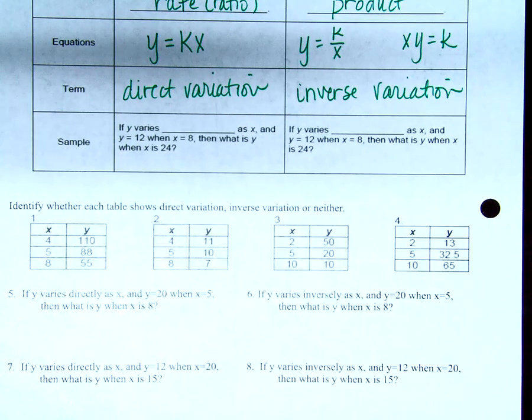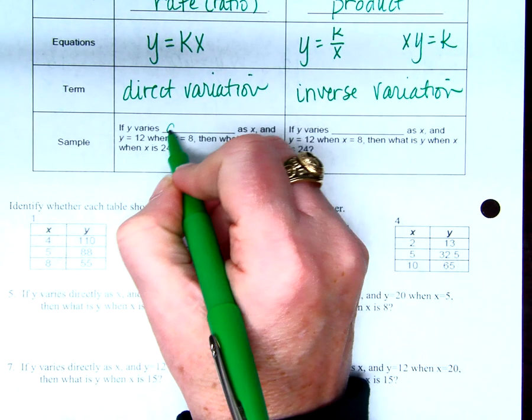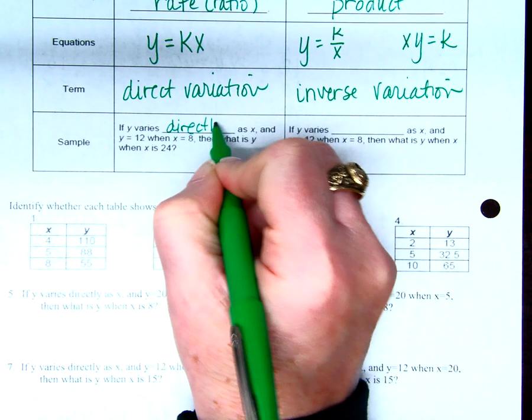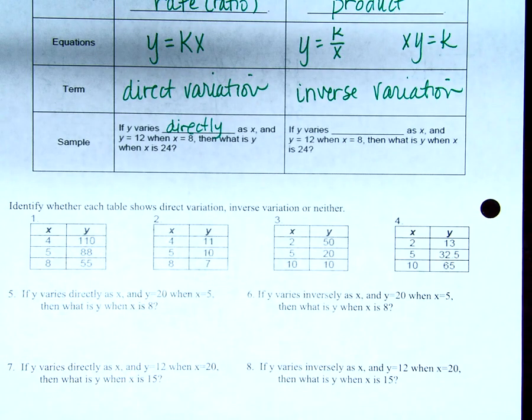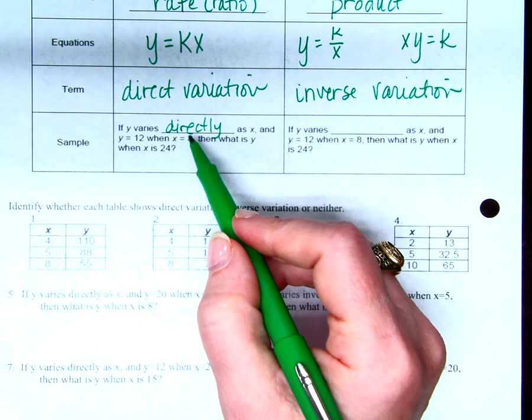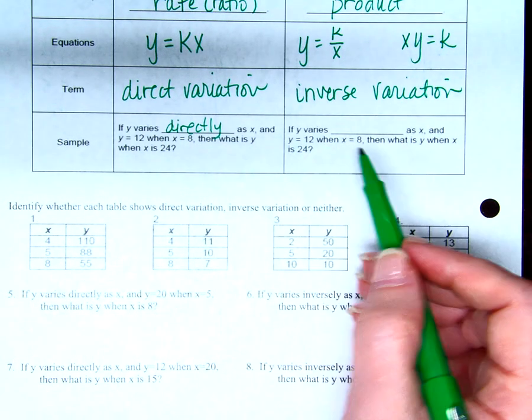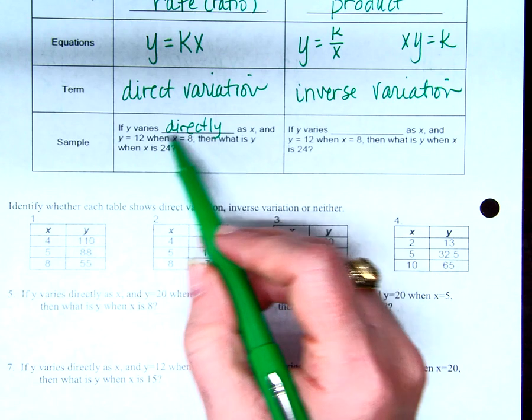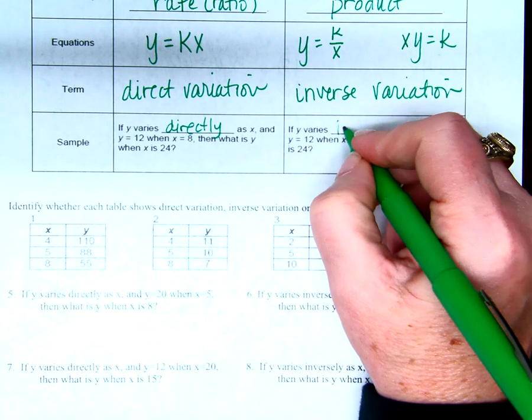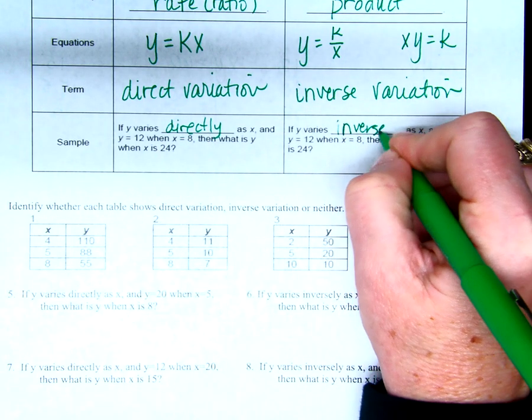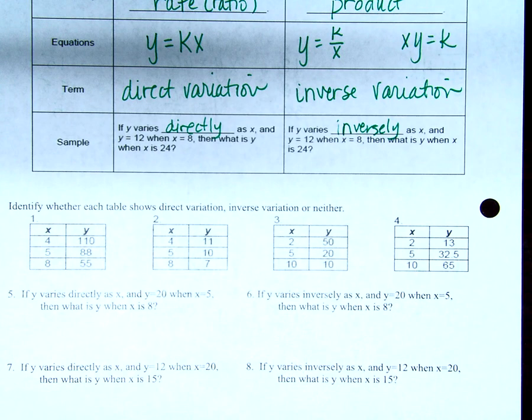Here's what a sample is going to look like. If y varies directly as x, and y equals 12 and x equals 8, then what is y when x equals 24? You're not going to have to worry about figuring out which kind it's asking, because the word is either going to be directly or inversely, it's going to be in the sentence.